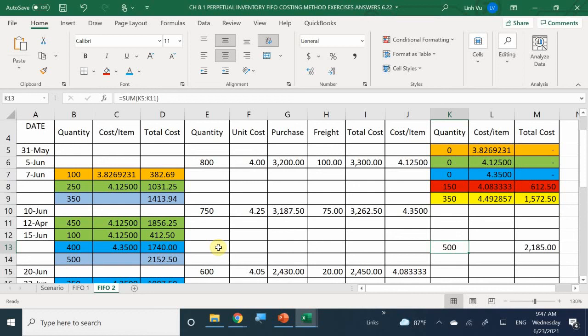If you have the brain power to go through each individual worksheet and remember which batch came first, I'm going to applaud you. But the most common one that everybody uses is going to be average costing, because it's the easiest. You don't have to remember what batch came first or last. All you're dealing with is just one number, your average cost.